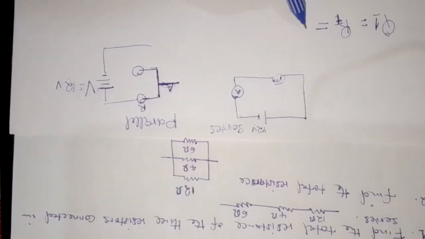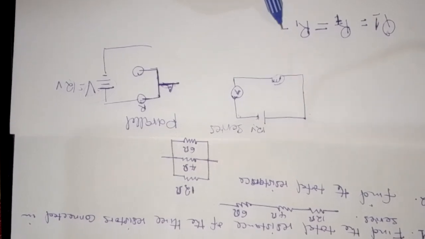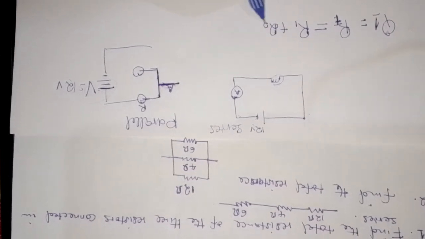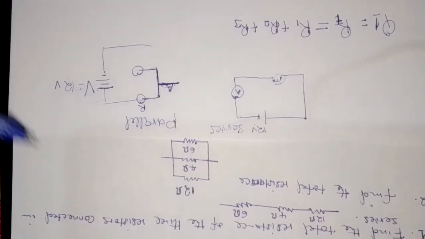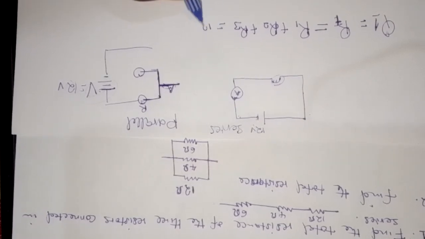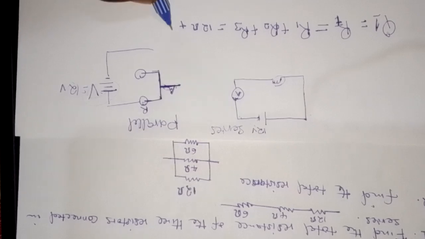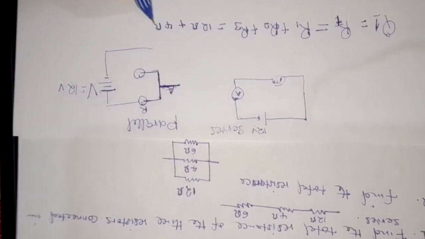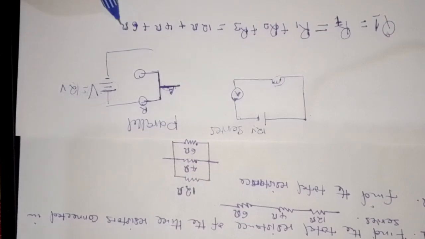By writing our formula, total resistance is resistance 1 plus resistance 2 plus resistance 3, because we have 3 resistances there. Then we say 12 ohms plus 4 ohms plus 6 ohms.